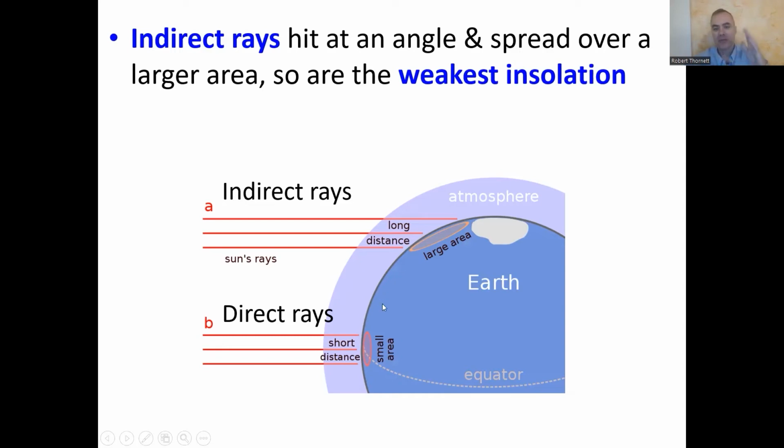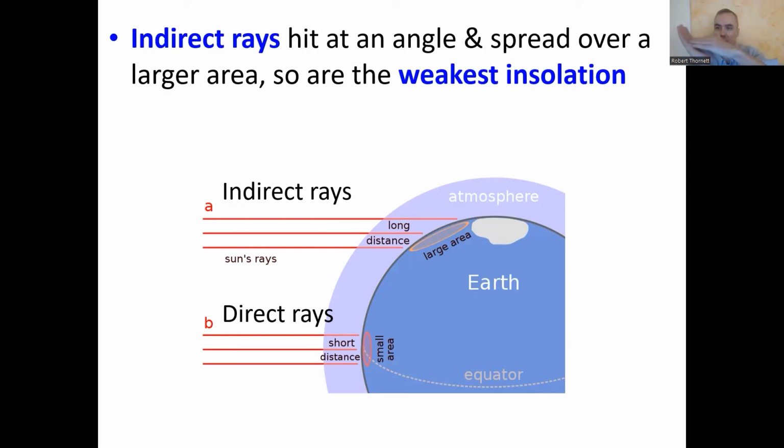And that's because notice that the surface of the Earth, the curvature of the Earth, puts it at more of an angle to the sun. So where the incoming rays are not hitting flat, when you're up in Sweden, for example, they're hitting at an angle like this. Okay, so it's flatter and flatter like that. So it's indirect rays. And those indirect rays are weaker.